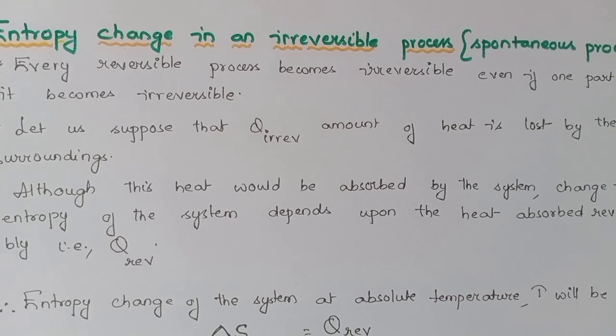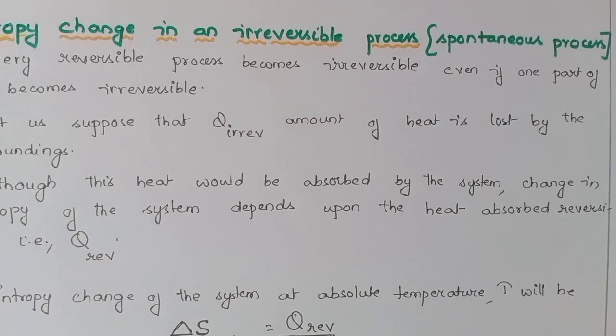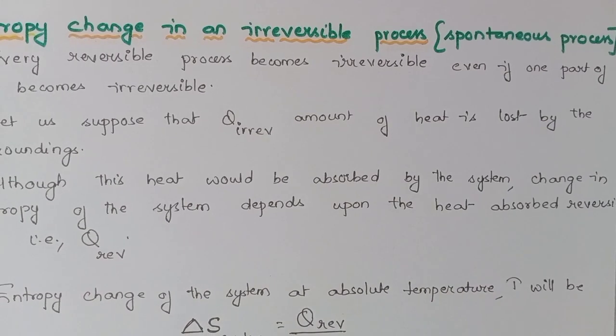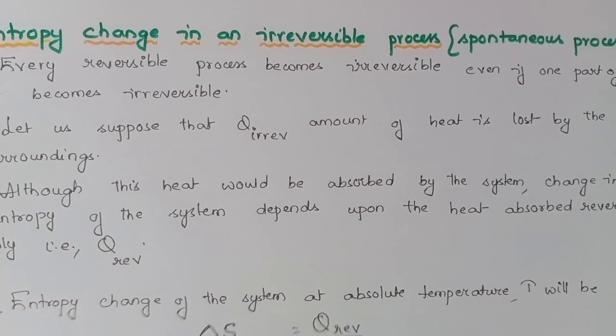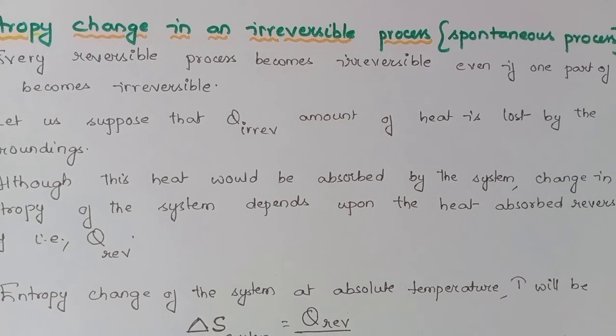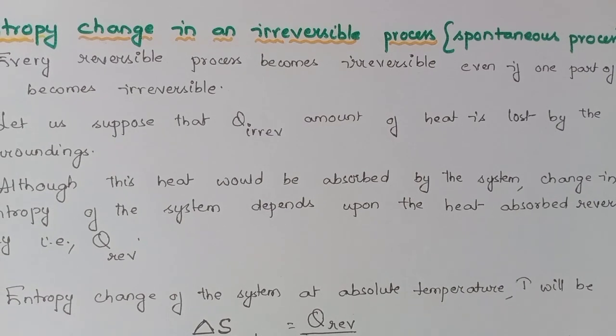Although this heat would be absorbed by the system, change in entropy of the system depends on the heat absorbed reversibly, that is Q reversible. That is the third point.